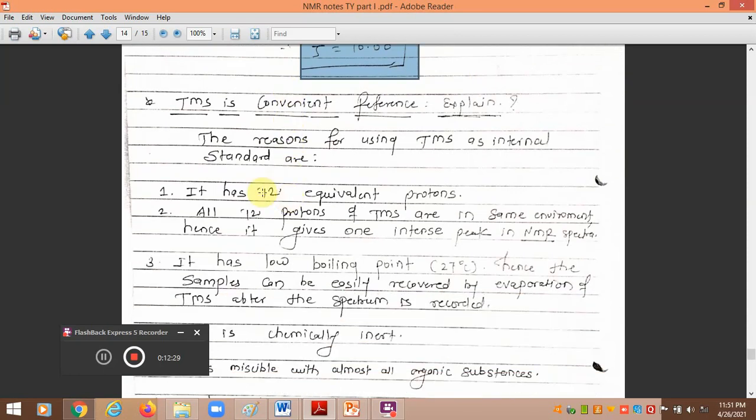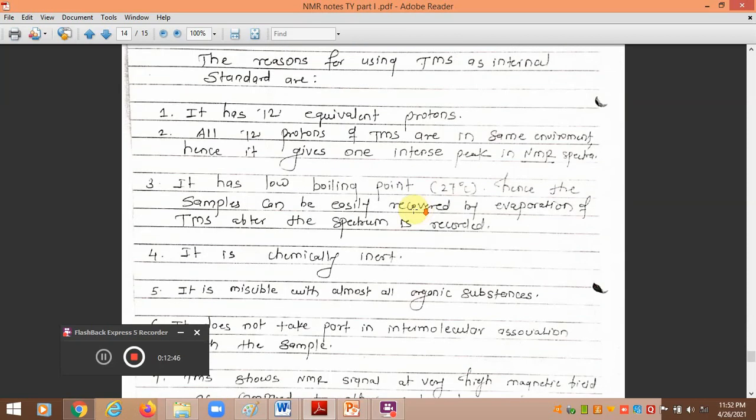Why is this so? Because it has some important characteristics. First, it has 12 equivalent protons, and all the 12 protons of tetramethylsilane have the same environment, and hence it gives a single intense peak in the NMR spectra.